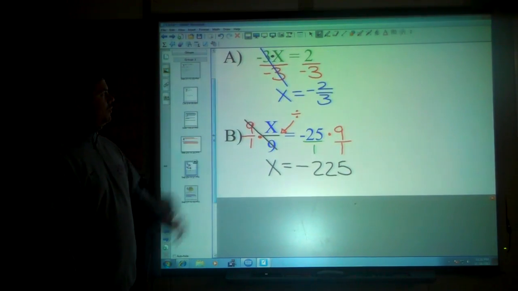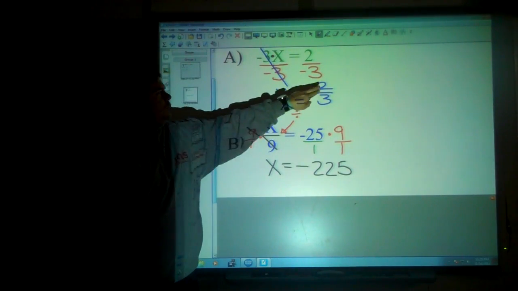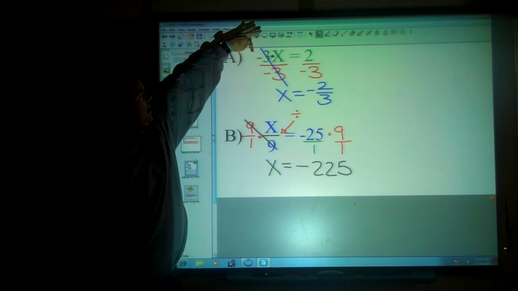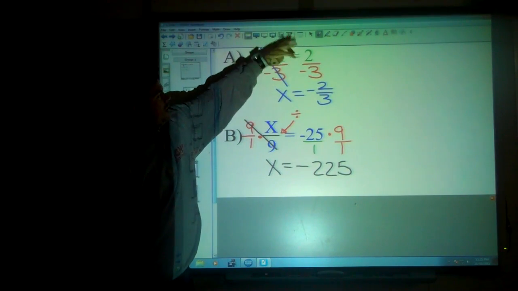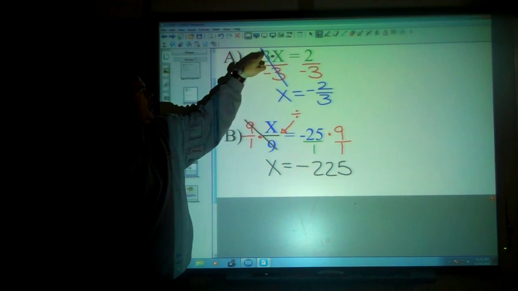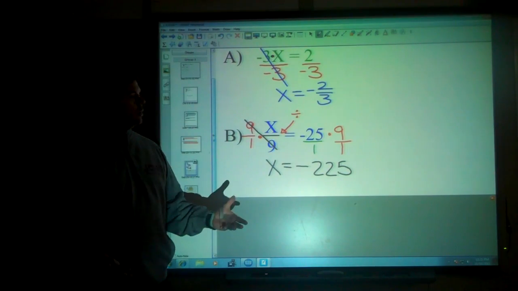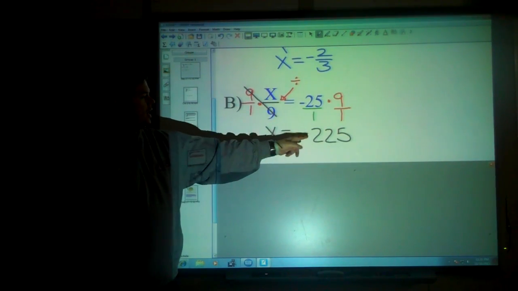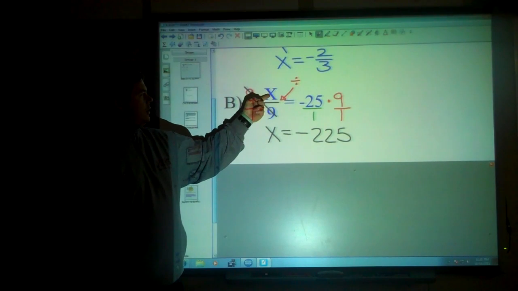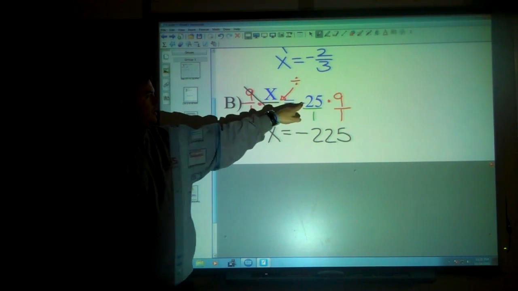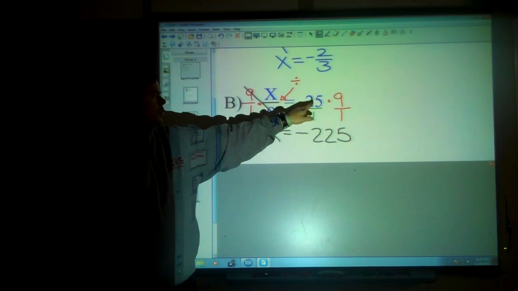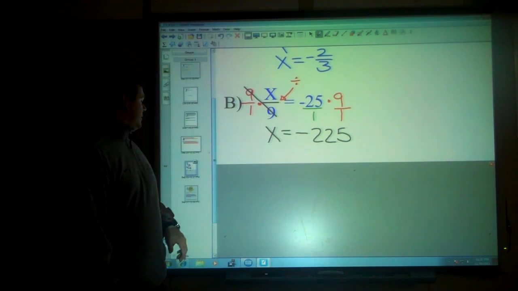These can both be solved by plugging the answer back in. If you take negative 2/3 and plug it in here, negative 3 times negative 2/3 is going to make a positive, and 2/3 of 3 is 2. So it actually works. Down here, if you plug negative 225 in here, negative 225 divided by a positive 9 would give you negative, and 9 goes into 225 25 times, negative 25.